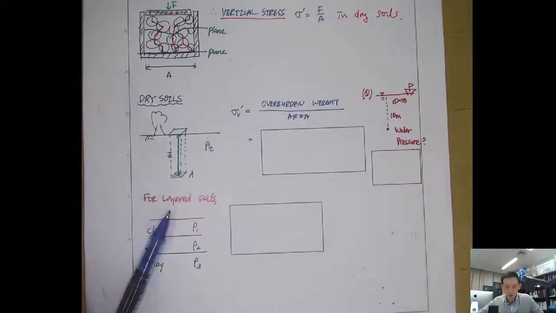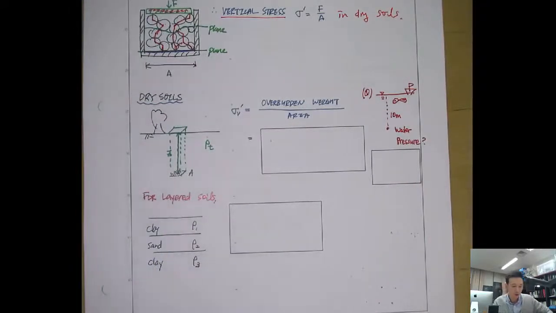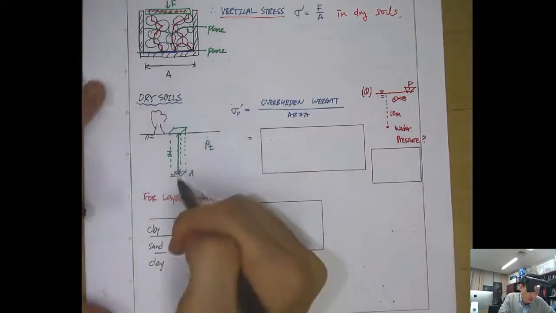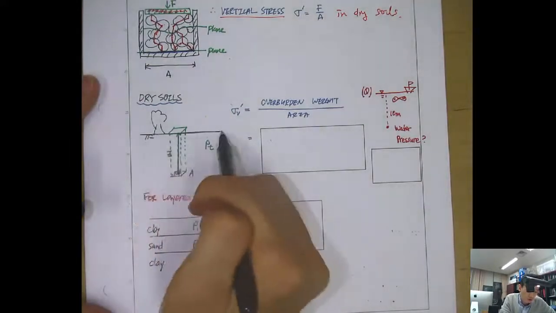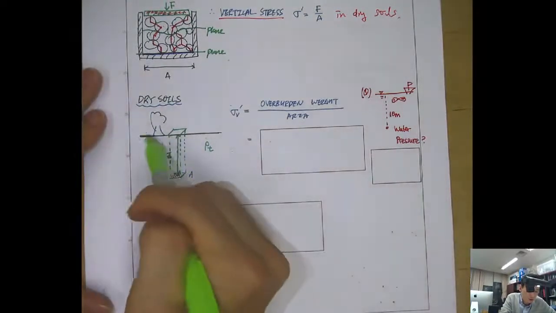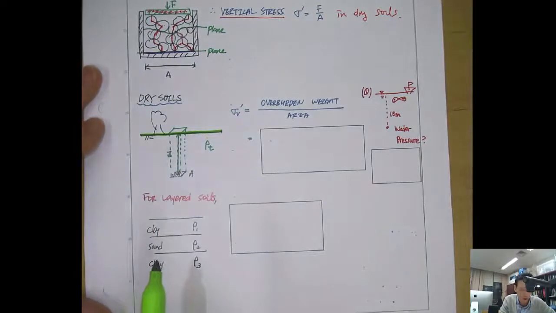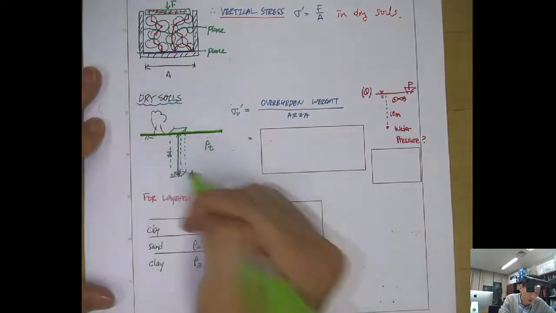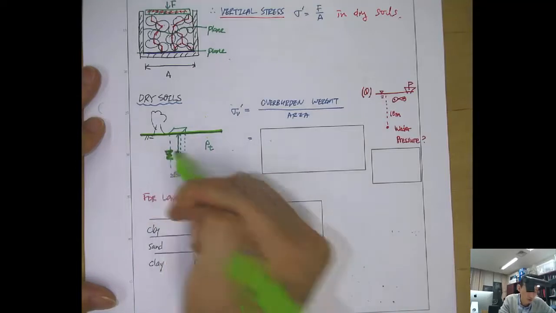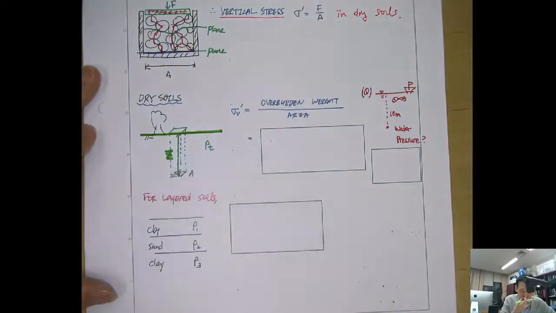So let's expand our scope into the field. In a field, this is the ground surface, and we are looking at point A, which is at a depth of Z, a certain depth of interest.